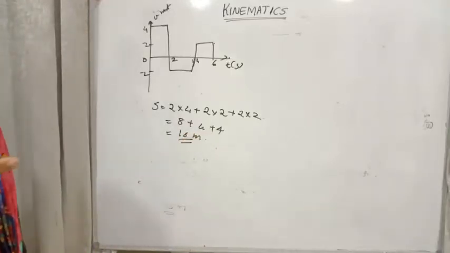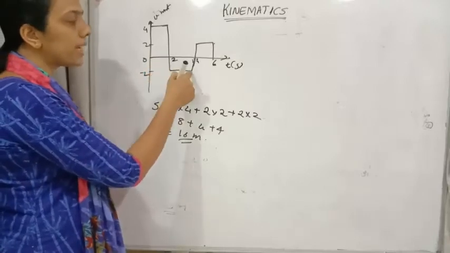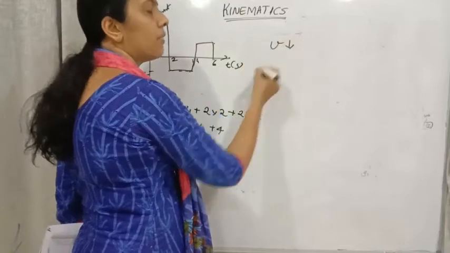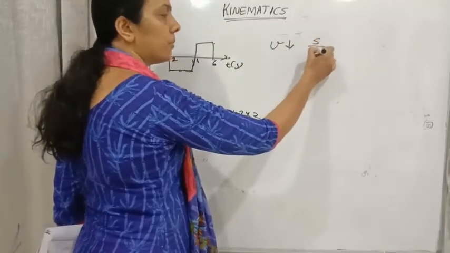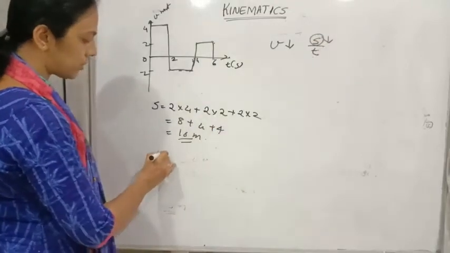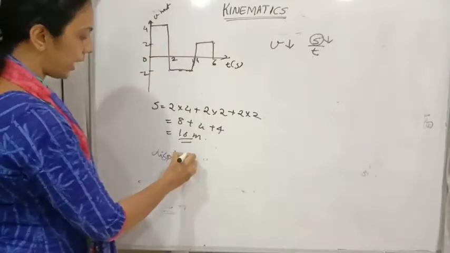Now we need to find the displacement. Part of the motion is with a negative velocity. Displacement by time is velocity. So to find the displacement, here it is 4 into 2, which is 8.